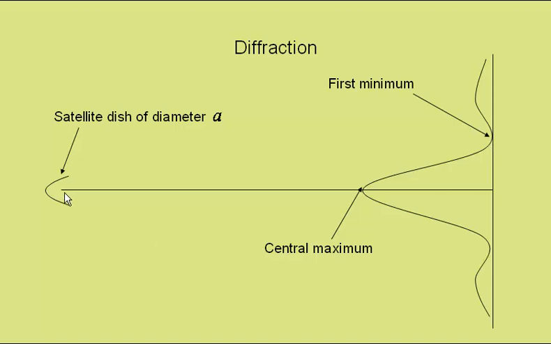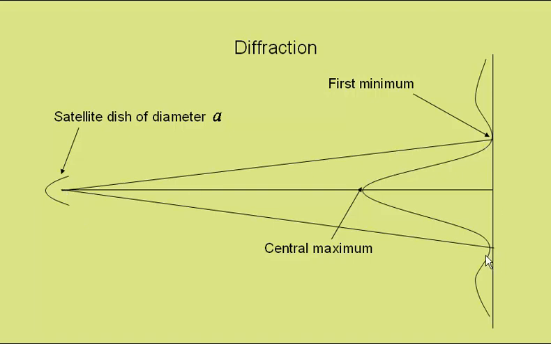Drawing a line from the dish to the first minima, this then is angle theta, and it can be shown that sine theta is equal to the wavelength of the radiation lambda divided by the diameter of the satellite dish A. So to minimize the spreading, we need as short a wavelength of radiation as possible, or as large a diameter dish as possible.